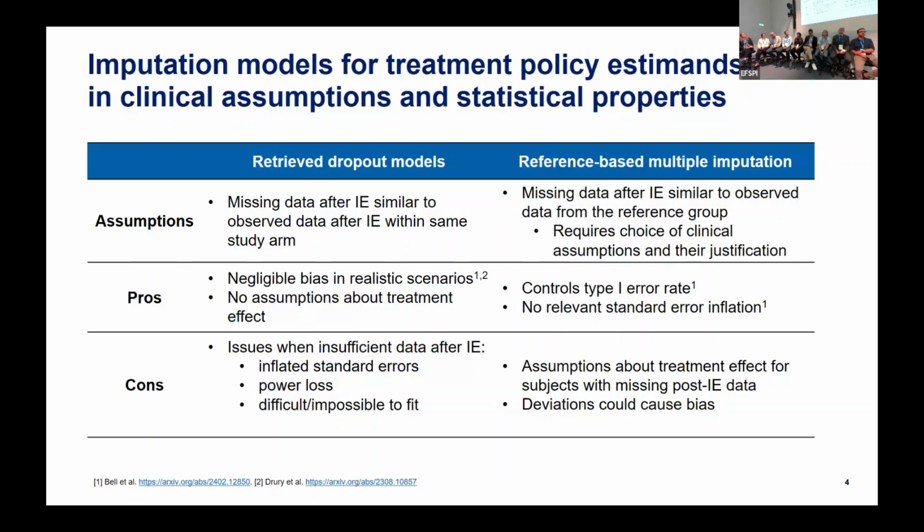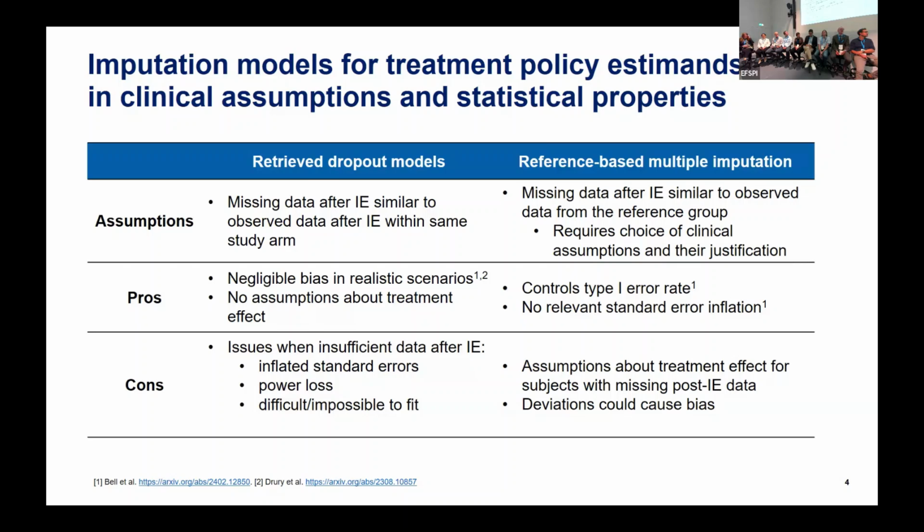On the other hand, the reference-based imputation approaches control the type 1 error rate. They don't inflate the standard errors. However, they make assumptions about the treatment effect for subjects with missing post-intercurrent event data. And if we deviate from these assumptions, then we have a biased estimation. So that's just setting the scene.